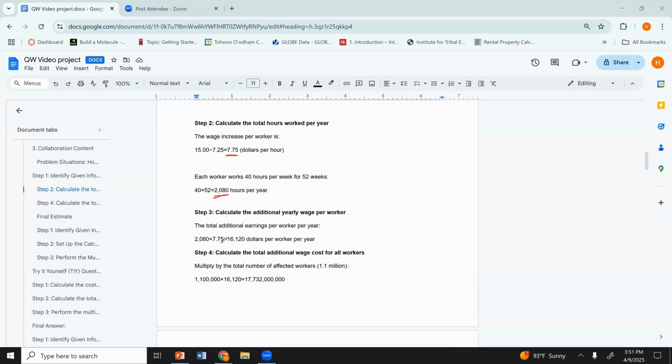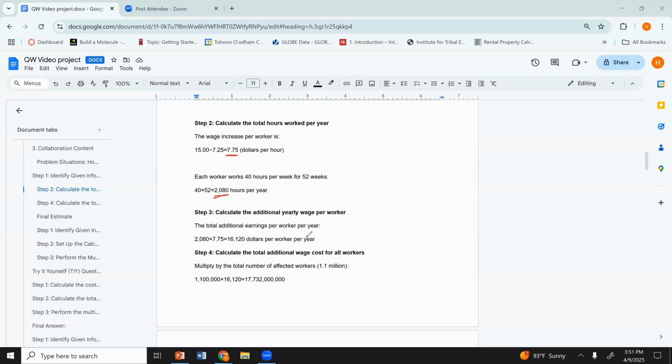The difference between 7.25 and 15 is 7.75. If you multiply that, you have $16,120 per worker per year.